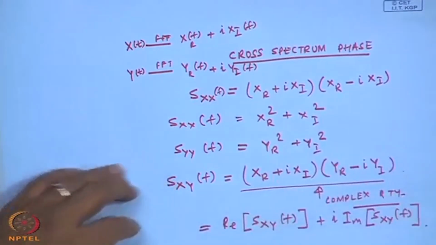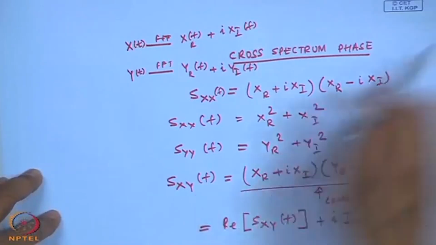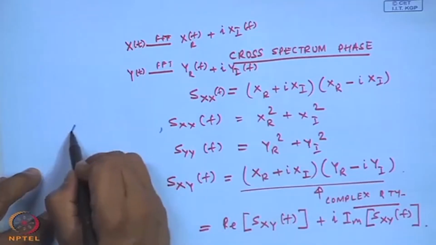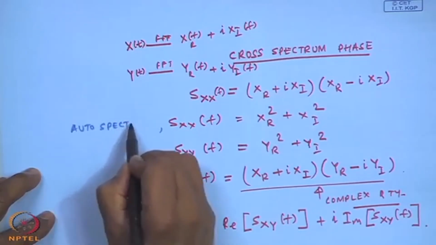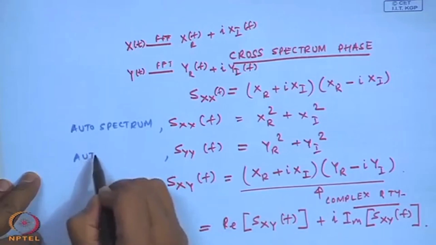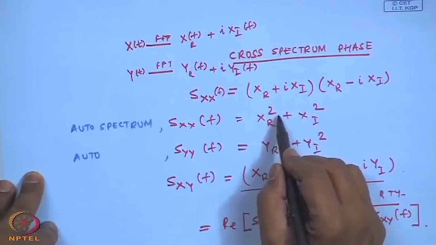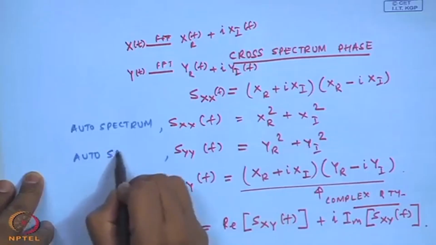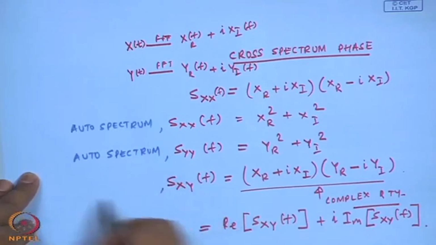So, the magnitude will be that of the cross spectrum. This is the auto spectrum. In other words, this is the power spectrum. If you look, the unit is squared, and this is the cross spectrum.